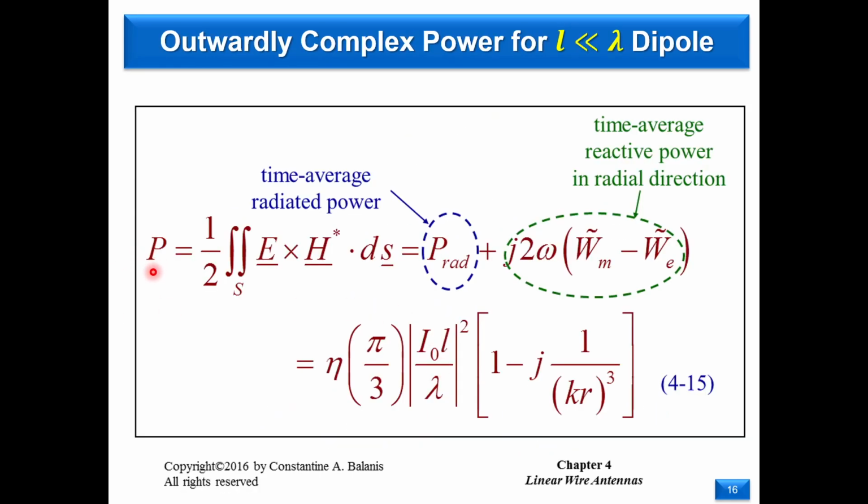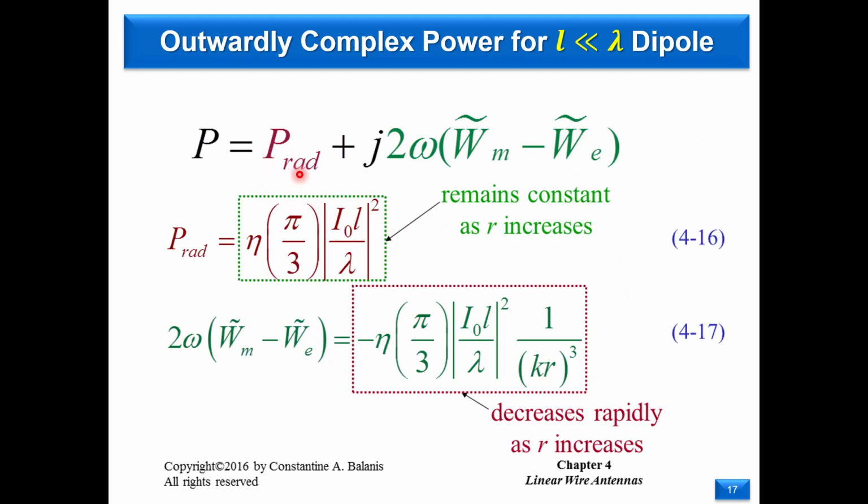The total power density results in radiated power and stored power that goes between magnetic and electric forms. It is called reactive power and/or stored power.